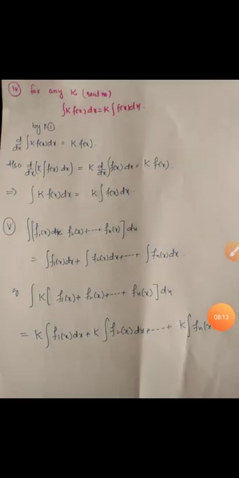Now the next property is, for any real number k, integral of k f(x) dx equals k times integral of f(x) dx. That is, we can take a constant out of the integral sign. By property first, d by dx of integral k f(x) dx equals k f(x), and also d by dx of k integral f(x) dx equals k d by dx of integral f(x) dx.